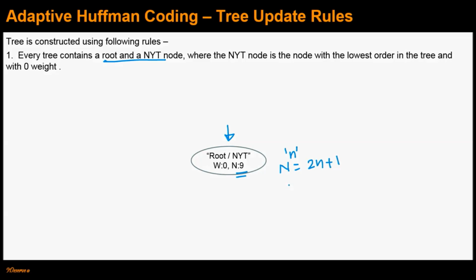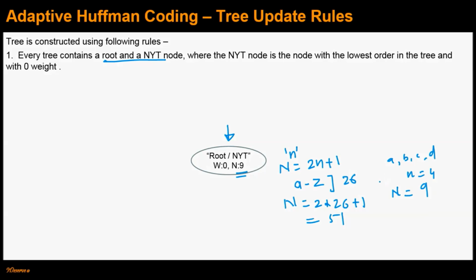So if we know that our live data stream is going to contain input symbols defined over the alphabet set A to Z, which is of length 26, then this N would be 2 times 26 plus 1, that is 53. Taking another example, if we know that the input symbols are going to be taken from only 4 unique symbols, let's say A, B, C, D, then n is 4 and therefore capital N would be initialized to 2n plus 1, which is 9.